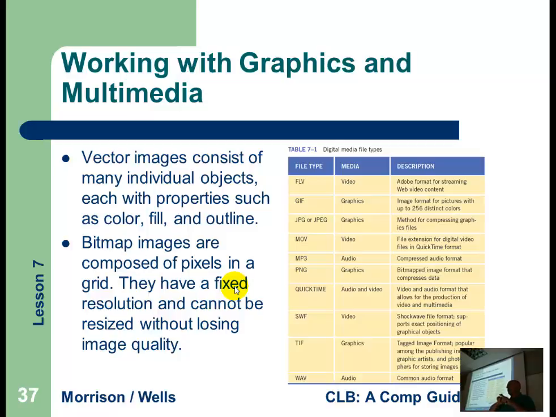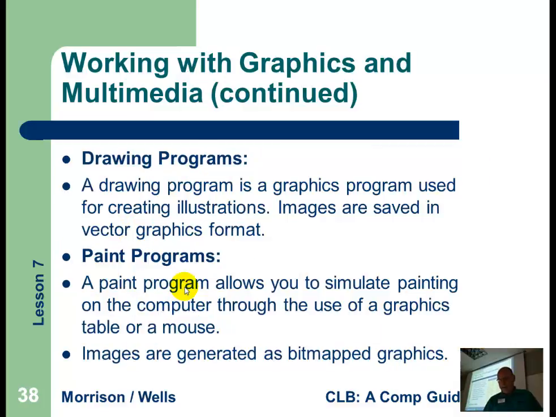It's at a certain distance and an angle from the horizon, if you want to think of it that way. Okay. Most of the things you work with in graphics in Microsoft products are going to be bitmap images, although we will do some lines and create outlines and color and fill.